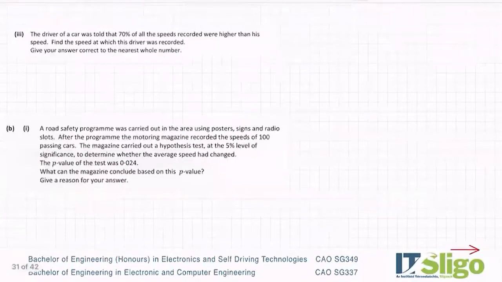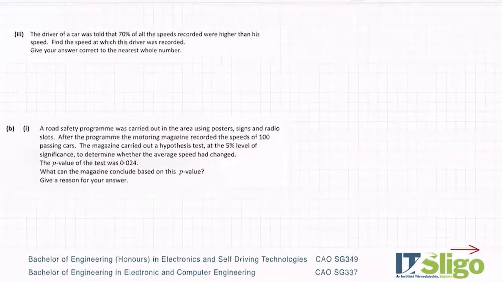Okay, part 3. The driver of a car was told that 70% of all the speeds recorded were higher than his speed. Okay, find the speed at which this driver was recorded. Give your answer correct to the nearest whole number. Okay, so when they give you a percentage, you're now inside the body of the table.